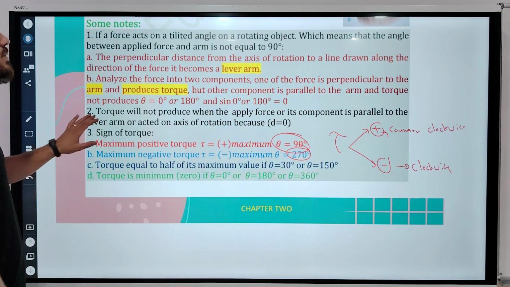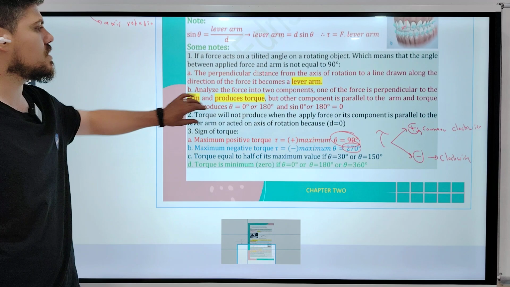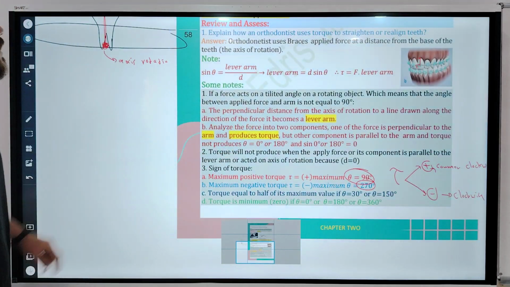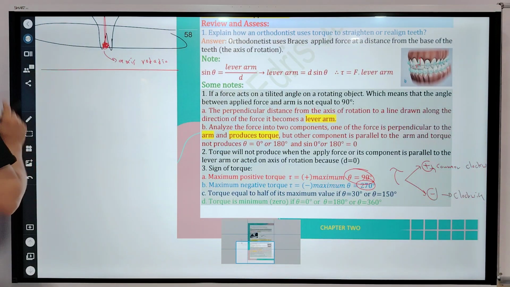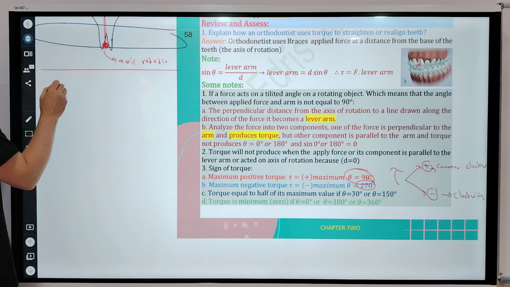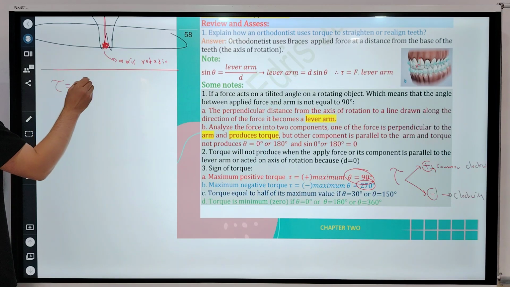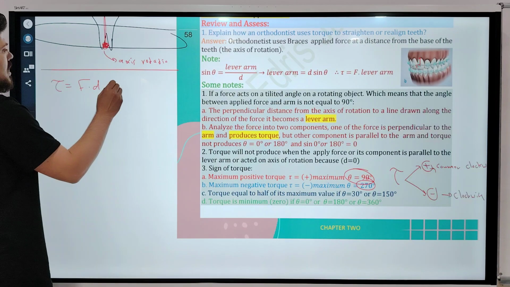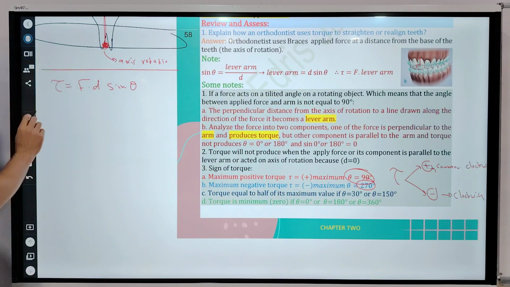So how can you determine this value when the question asks us to find at which angle the torque becomes half of its maximum value? You can find it like this. Torque is equal to Fd sine theta at constant force and d.